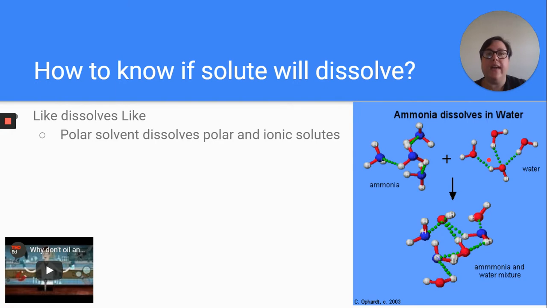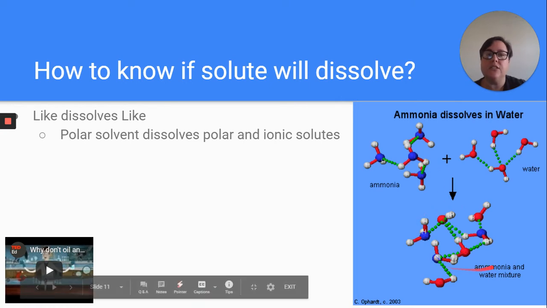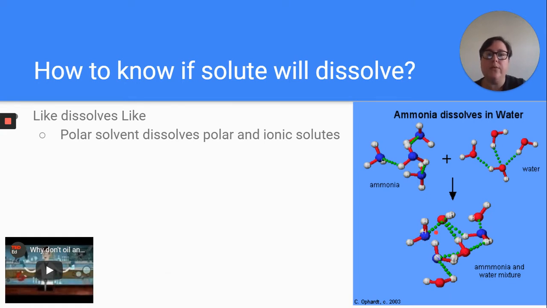Because they contain F, N, or O bonded to hydrogen, they actually both have hydrogen bonding. And that's what's being shown by these green dots in between the molecules. Because they have that in common, they'll dissolve together and form those connections between the two different molecules. So ammonia will be attracted to water and water is attracted to ammonia.